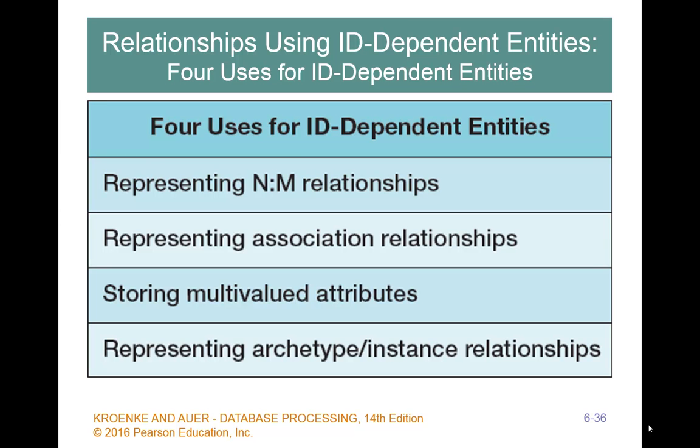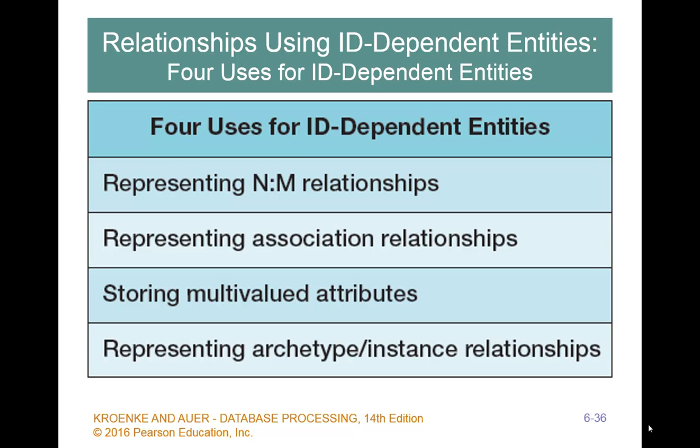We will never, in our table designs, leave a many-to-many type relationship. Then the other ones are how we represent what's called an association relationship, how we would store our multi-valued attributes, and how we would represent our archetype instance relationships. But these are the four uses for ID-dependent entities.